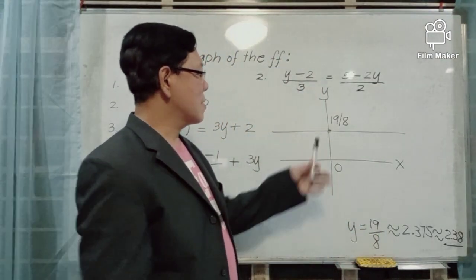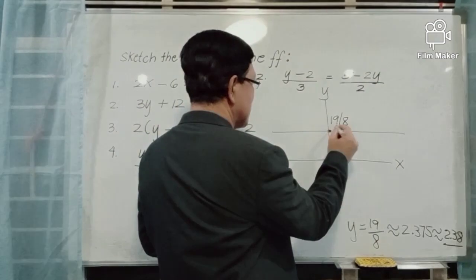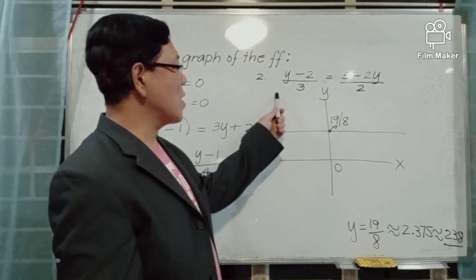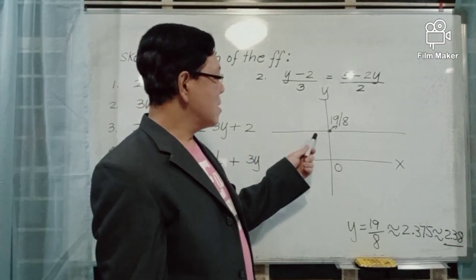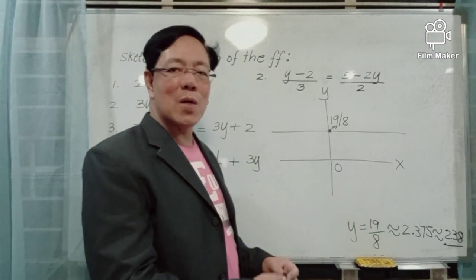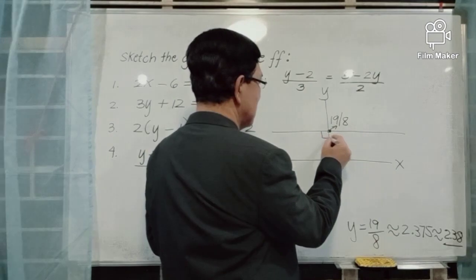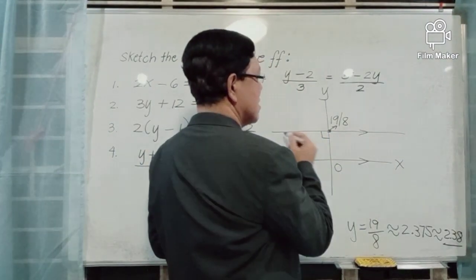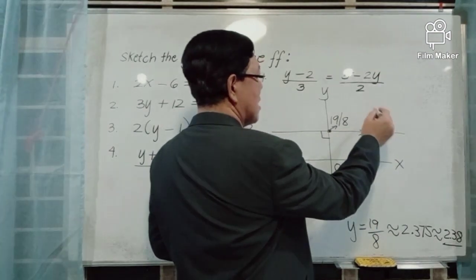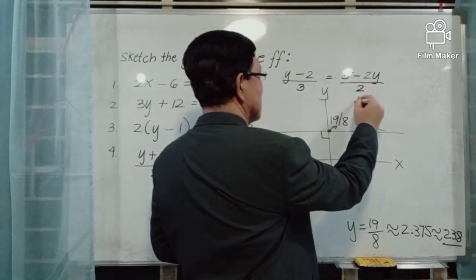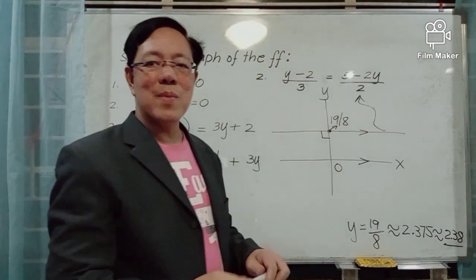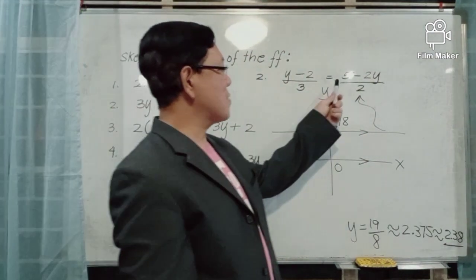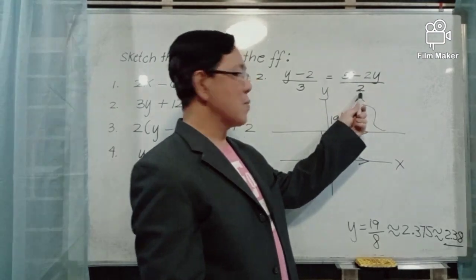And this point is 19 over 8, the solution of this linear equation in y. The horizontal line is perpendicular with the y-axis and parallel with the x-axis. And this horizontal line has equation given by this equation, y minus 2 over 3 equals 5 minus 2y over 2.